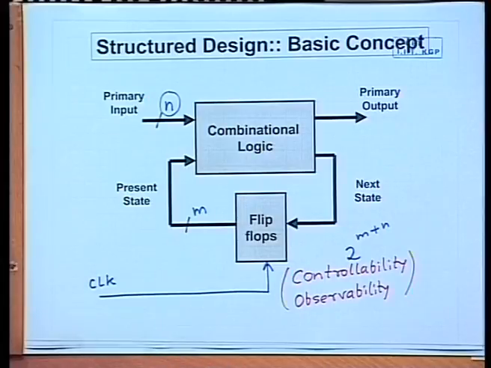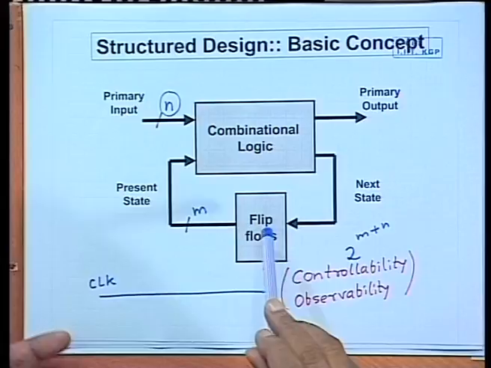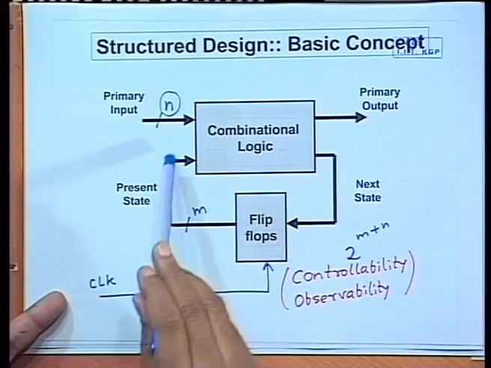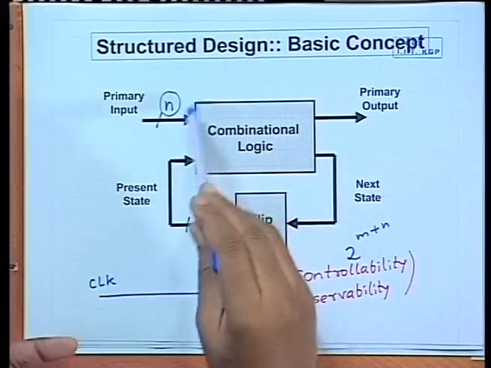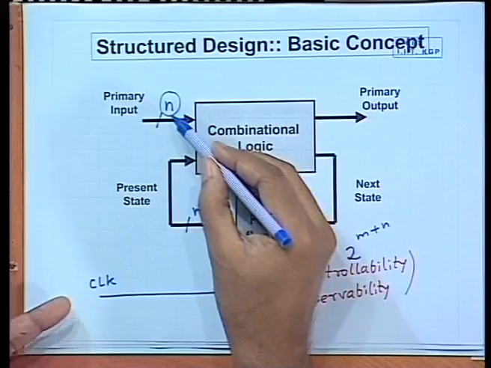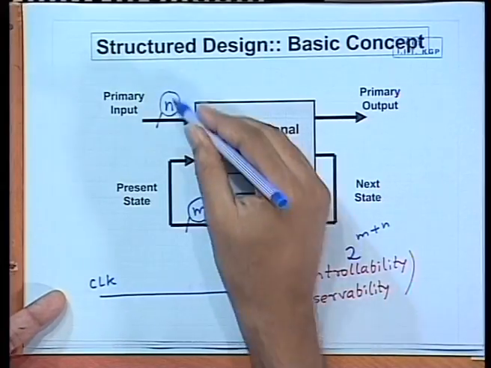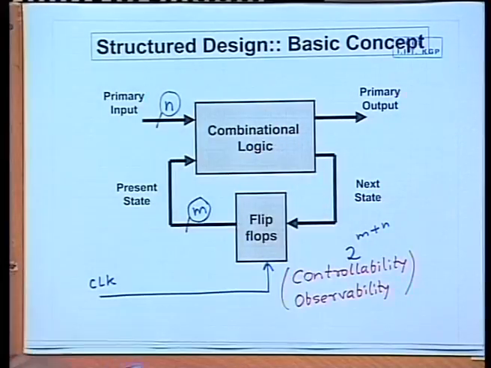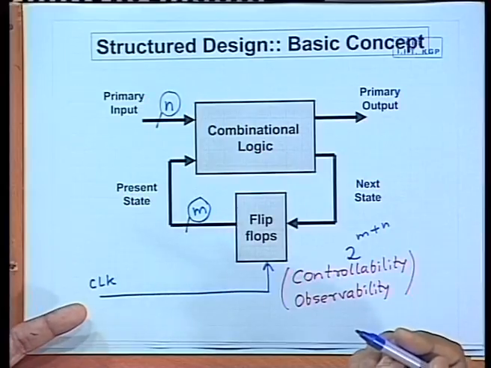If we can achieve that, then the testing problem reduces to the problem of testing the combinational logic alone, because now I can assume that all m plus n inputs are directly controllable, because I can set the flip flops to any known value.